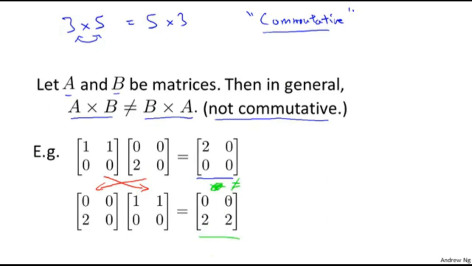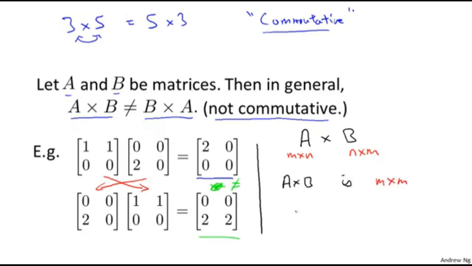So in fact, in general, if you have a matrix operation like A times B, where A is an m by n matrix and B is an n by m matrix, just as an example, then the matrix A times B is going to be an m by m matrix, whereas the matrix B times A is going to be an n by n matrix.